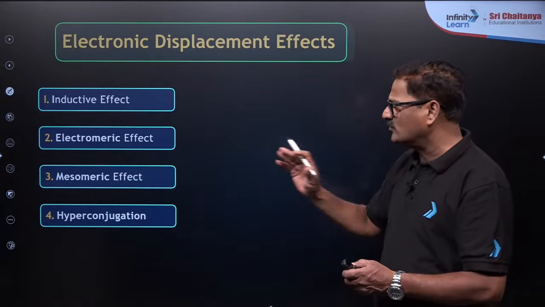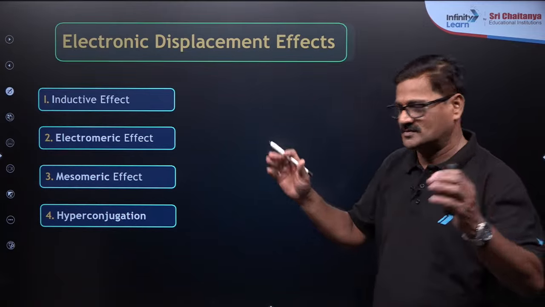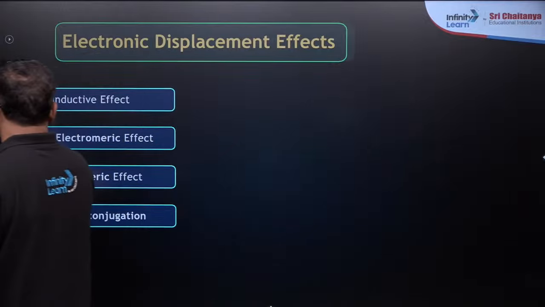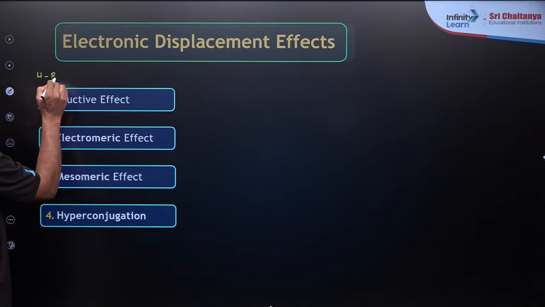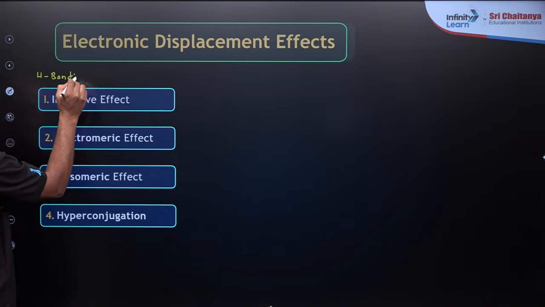So among all I could say it is a mesomeric effect. Of course, when it comes to the reality, I want to say hydrogen bonding is going to take over anything.